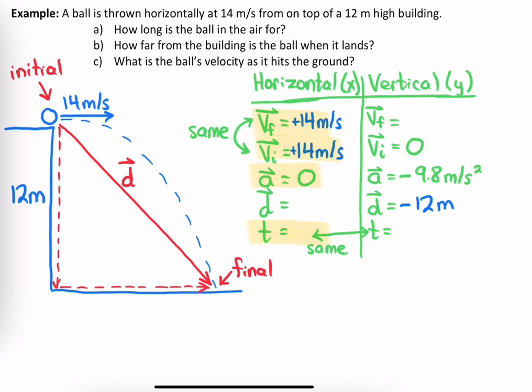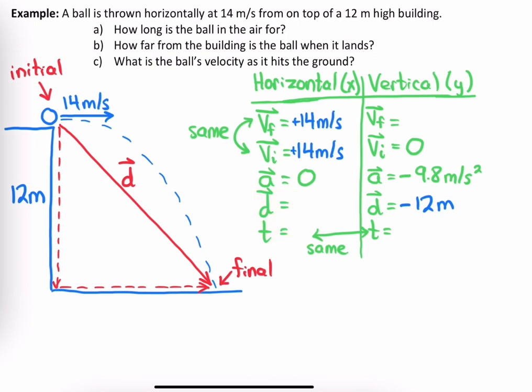This is not a problem I can solve, right? Or maybe if you were being asked to find d, it's like being told, I have an object, it's going 14 meters per second all the time. How far does it go? Well, I can't answer that. It depends on how long it drives for. So these three pieces of information are not enough on their own to find d or t on this side.